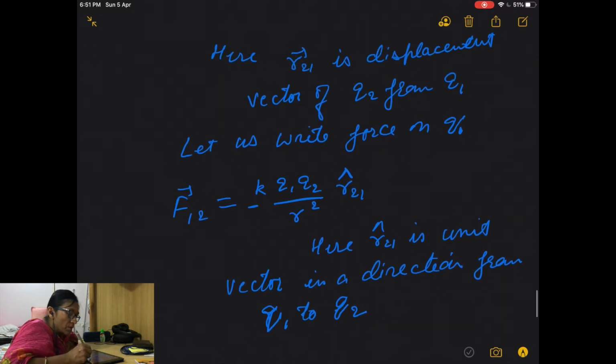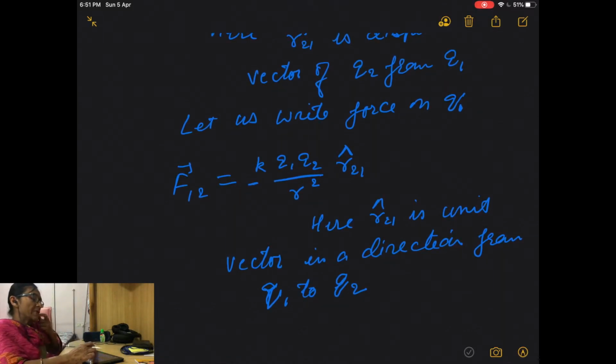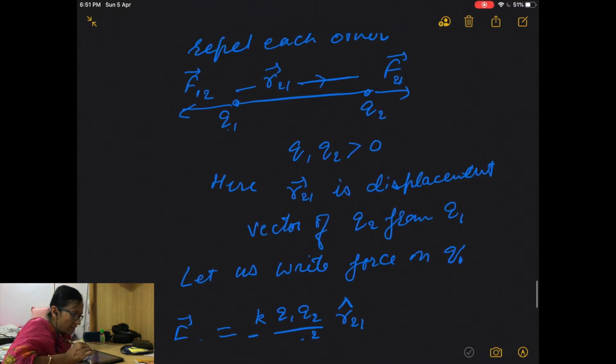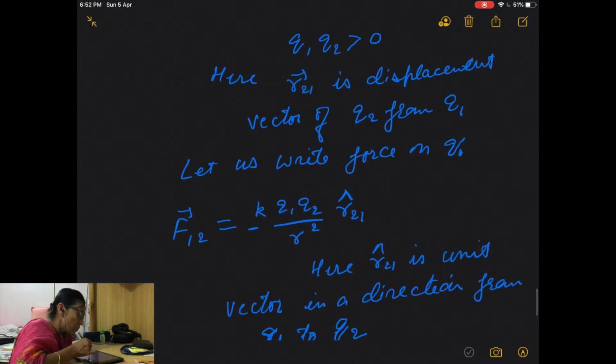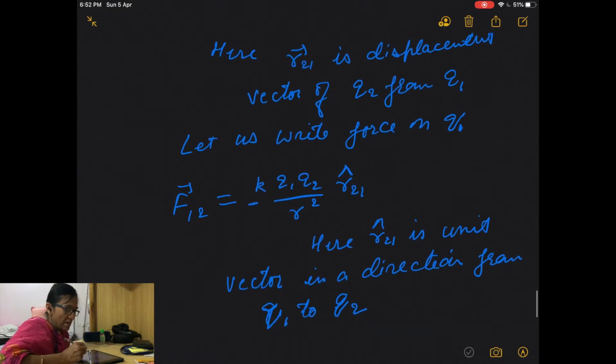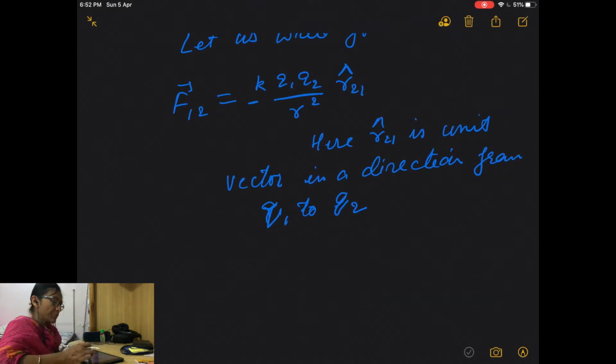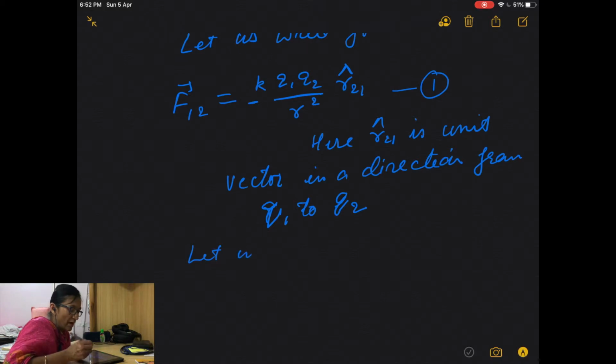Why have I written the negative sign? Because the force on Q1, you can see in the diagram, is just opposite to this displacement vector. R21 is along Q2 and F12 is just opposite to Q2. So I have taken a negative sign.